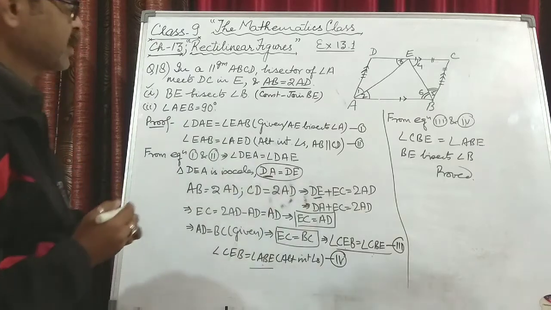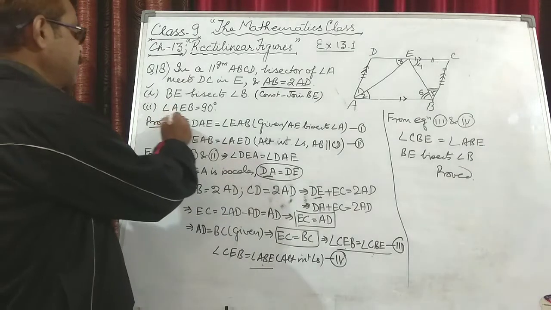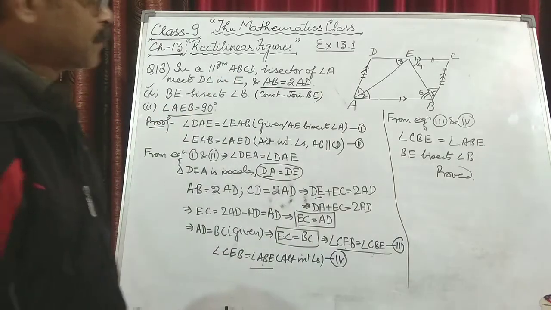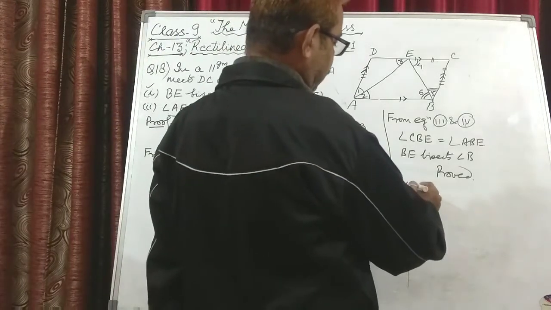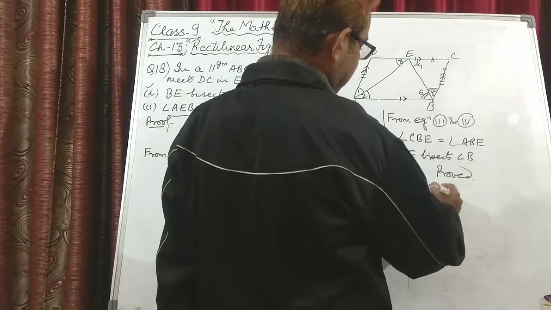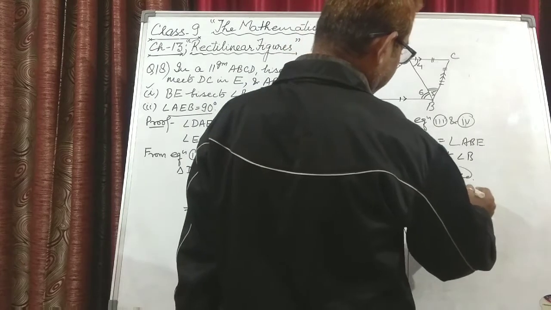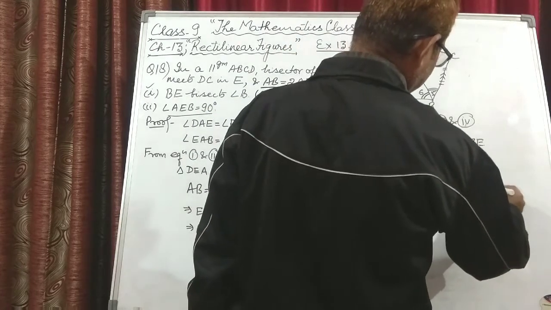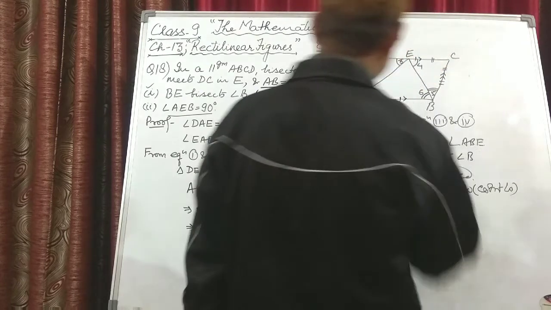In the second part they say prove that angle AEB is 90 degrees. It is very easy. We know that in a parallelogram angle A plus angle B will be 180 degrees because they are co-interior angles.